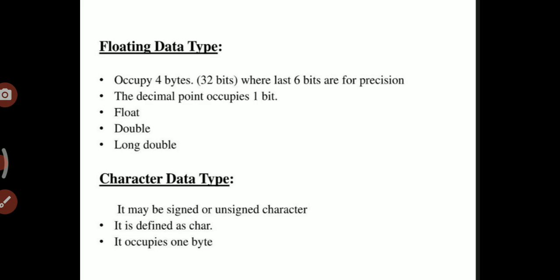Floating data type occupies 4 bytes, 32 bits, where the last 6 bits are for precision. The decimal point occupies 1 bit. The types are float, double, and long double.